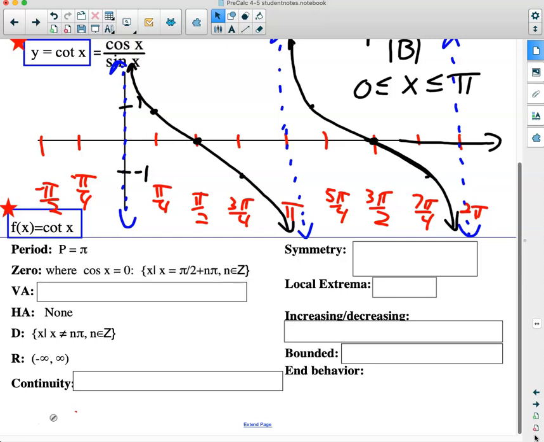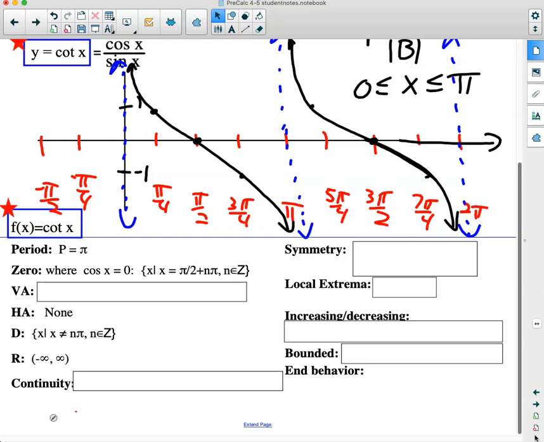Zeros: pi over 2, 3 pi over 2. Hey, that's where the asymptotes were when we were talking about tangent. Yep, because we're flipping it upside down. So the set of all x such that x equals pi over 2 plus n pi, where n is the set of all integers.